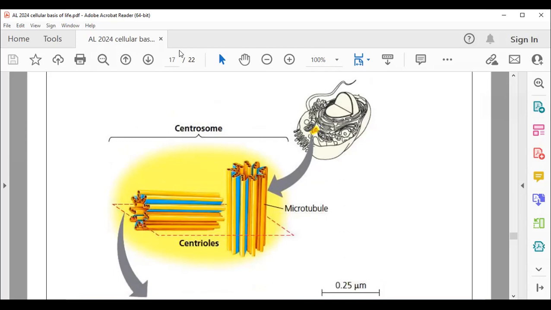See, this centriole's axis is located like this, and the other centriole's axis is located like this, correct?